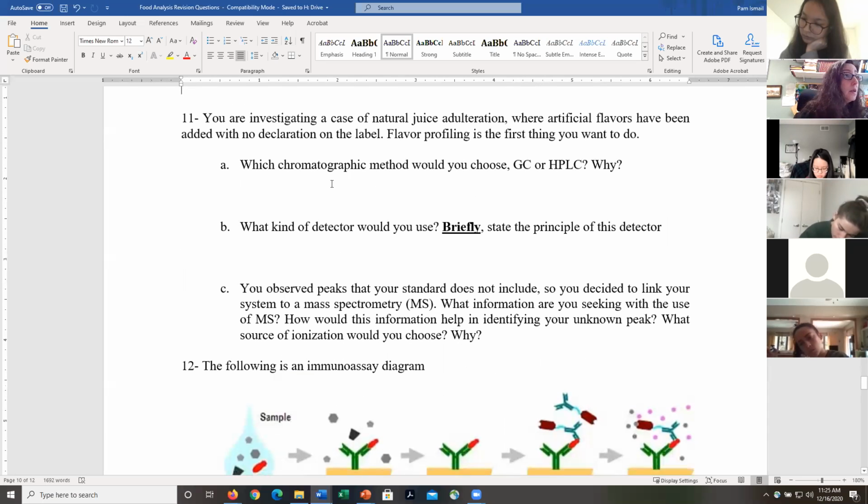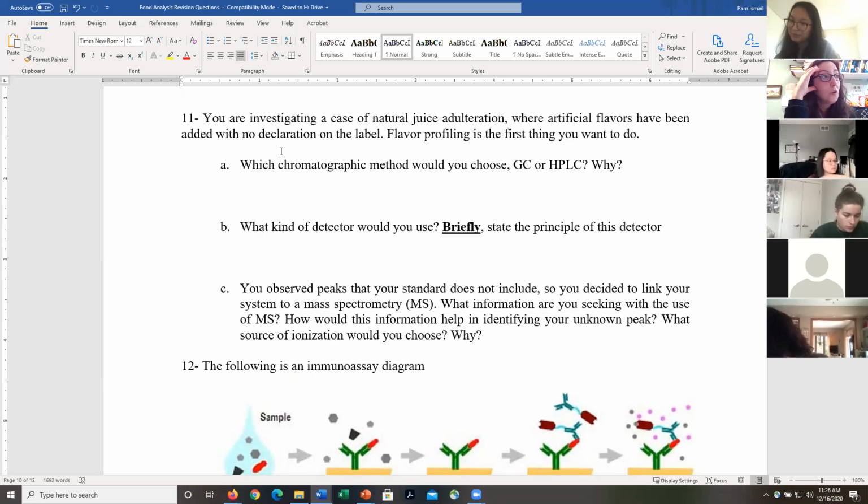Okay, so here is a nice question for remembering where you can use a GC versus HPLC. Here we're looking at a flavor adulteration, artificial flavor versus natural flavor. We're talking flavors. These are molecules that are volatile and they are present in very, very low concentration. So in this case, you want to go with GC.